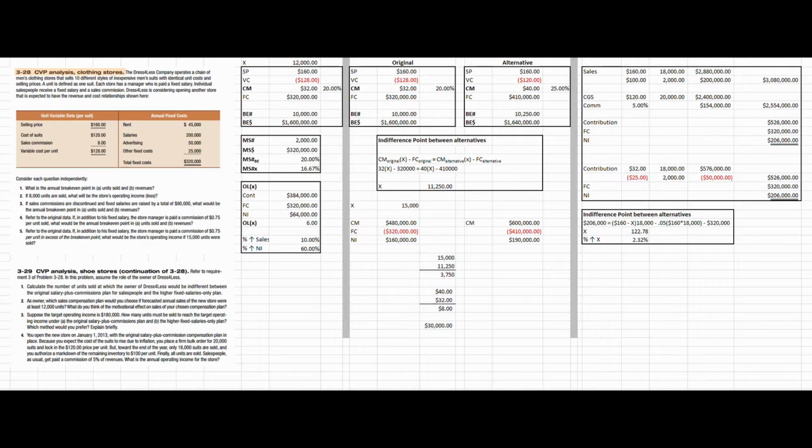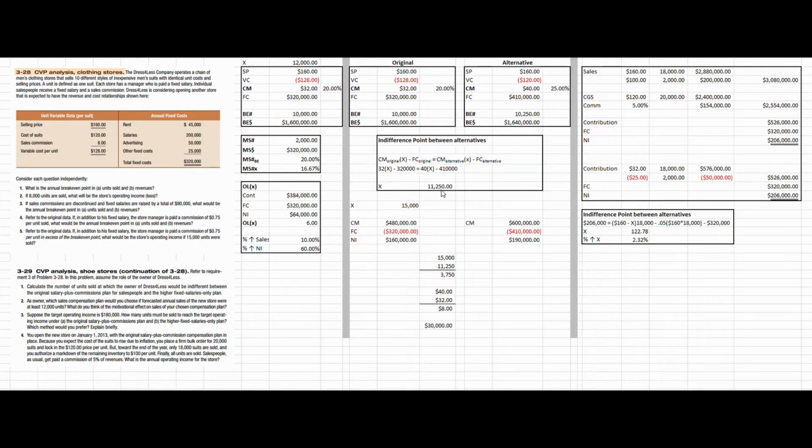How do you calculate an indifference point? Well, you set the two equations equal to each other. So if we're looking for the indifference point between these two different alternatives here, we're asking ourselves, at what level of output will my net income between this cost structure scenario and this cost structure scenario be equal? And when we work that out, that turns out to be 11,250.